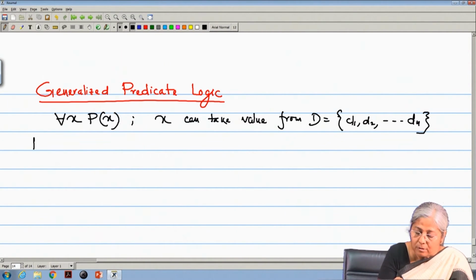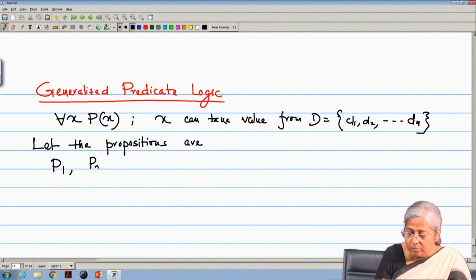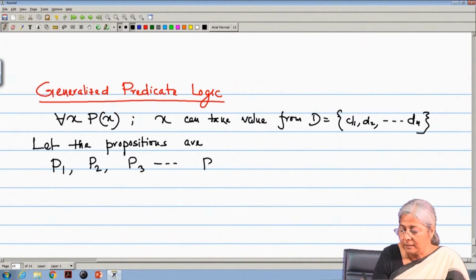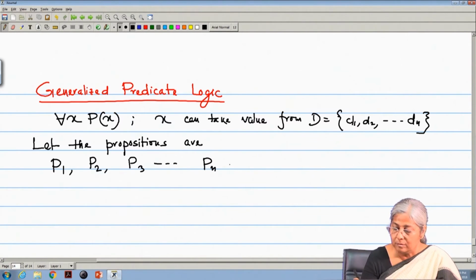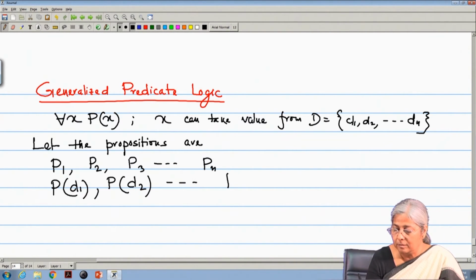Let the propositions be P1, P2, P3, up to Pn, which are nothing but P of D1 when x takes the value D1, P of D2, up to P of Dn.